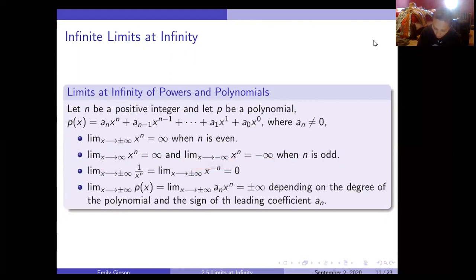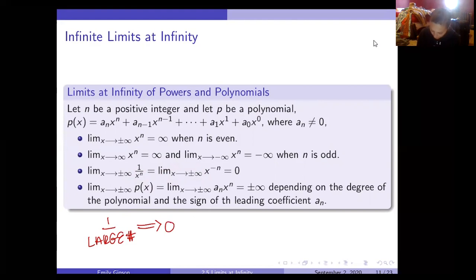Now what about 1 over x to the power n? Well, that's the same as x to the power of negative n. And as we approach positive and negative infinity, we saw earlier that 1 over a very large number approaches 0, right?